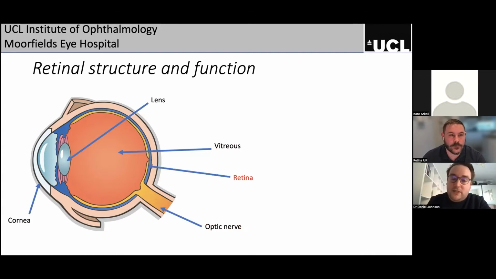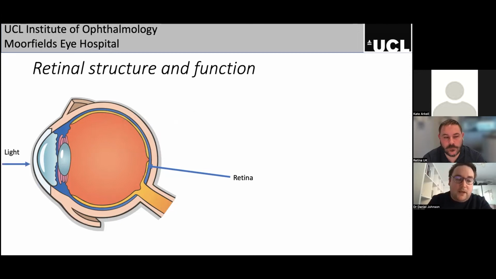And then you have the retina itself, a very, very thin layer at the back compared to the rest of the layers. Behind that, you have the choroid, the layer underneath the retina, which has a lot of the blood supply to the eye. And then you have the sclera, which is the very thick, white, tough coat, which we all see.